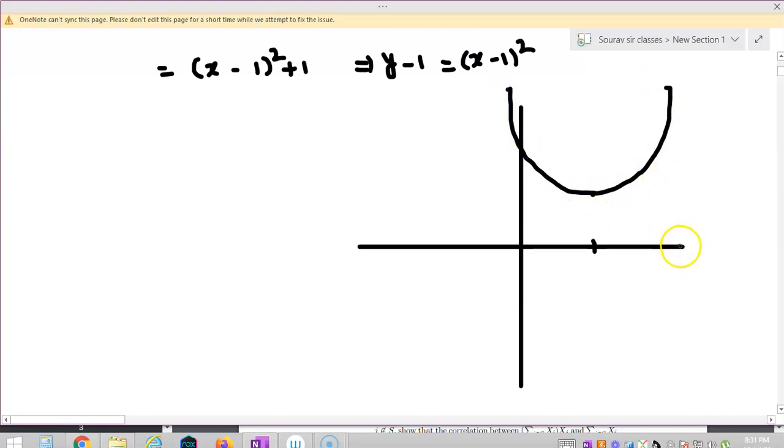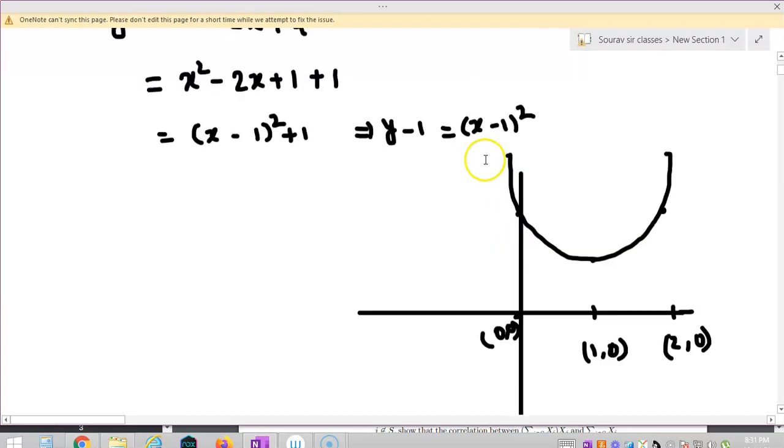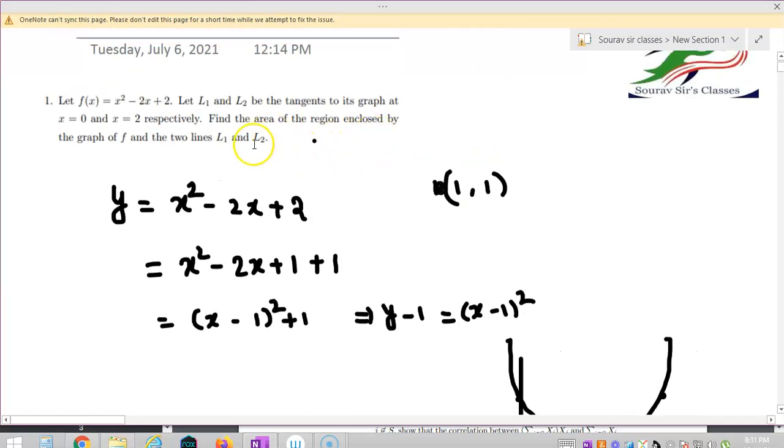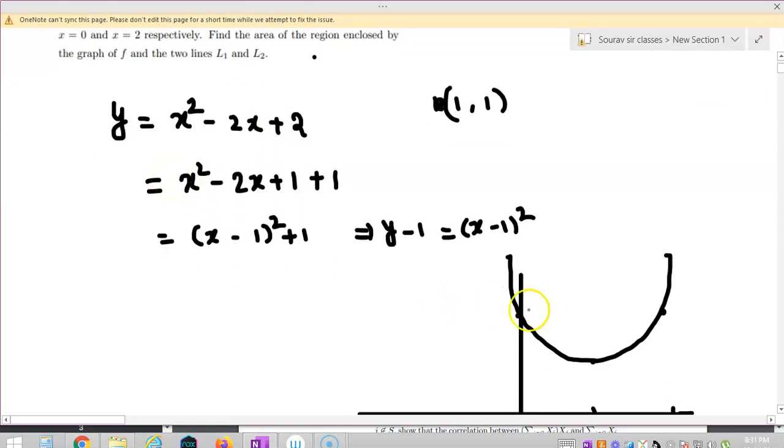And according to the question, let this be our x equal to 0 line, this point our (2, 0) point, this point our (1, 0) point, and this is our (0, 0). So before starting, first of all, let's find the equation of the tangent of this graph at x equal to 0.